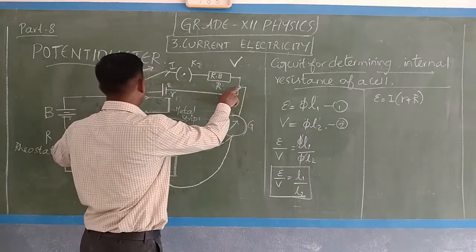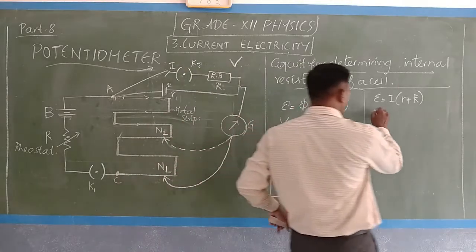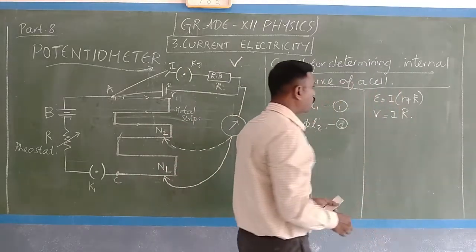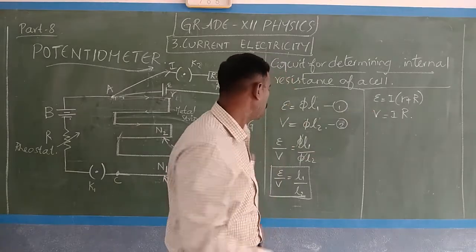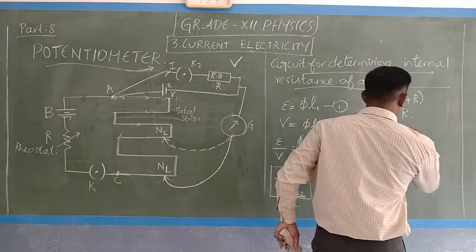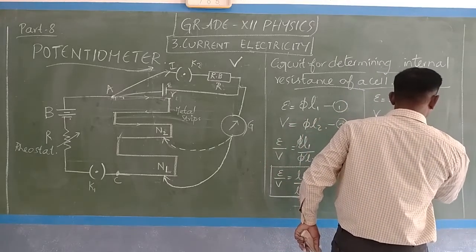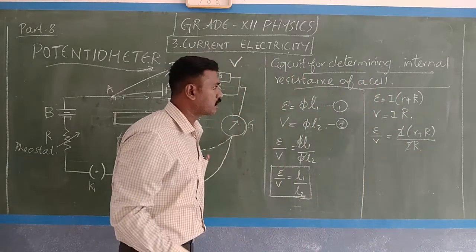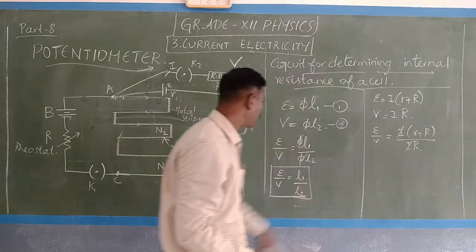So E by V equals I into R plus r divided by I R. So I will get cancelled.